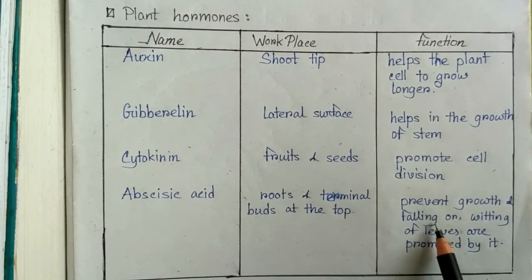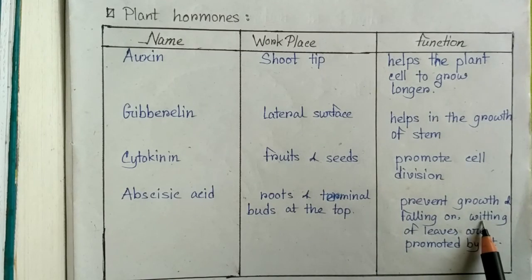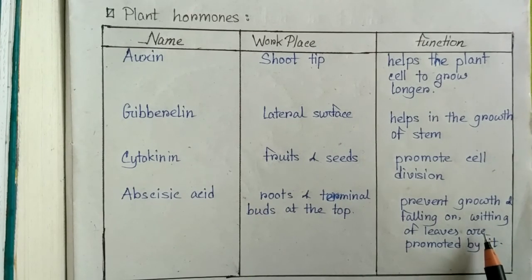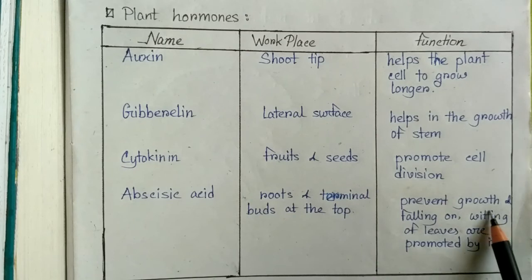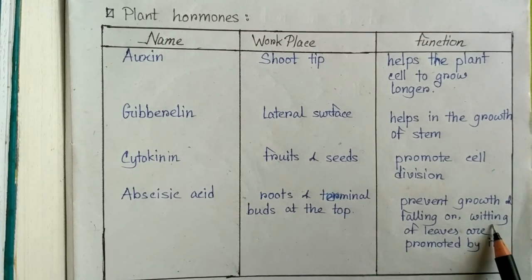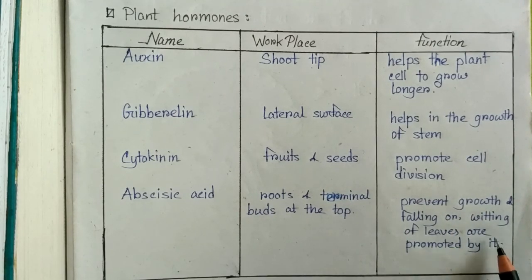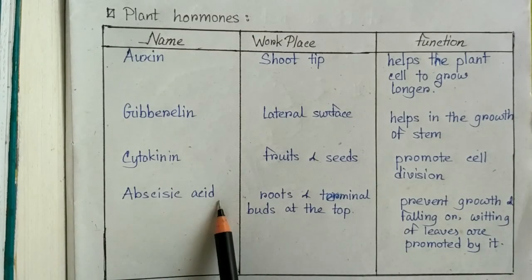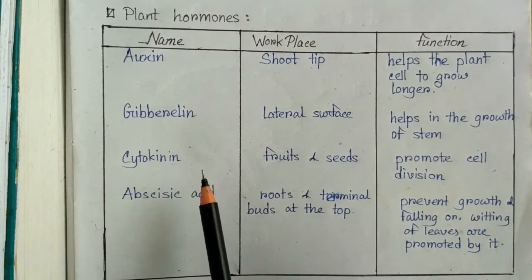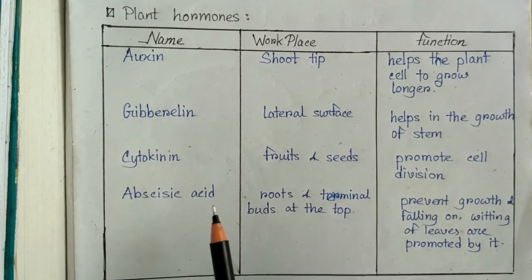Falling means the fall of leaves, and wilting means the release of water from leaves in extreme amounts, or in common words, shrinking. When a leaf shrinks, we say wilting. And falling and wilting of leaves are promoted by abscisic acid. So you have to remember the four plant hormones in 10th grade: auxin, gibberellin, cytokinin and abscisic acid.